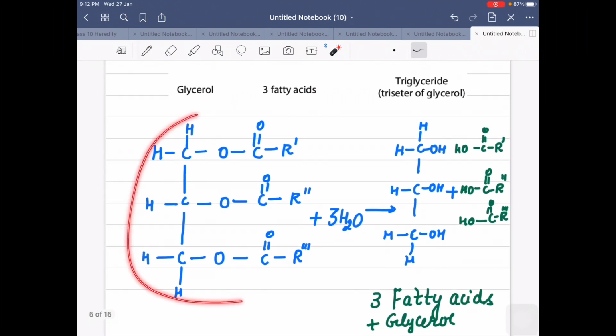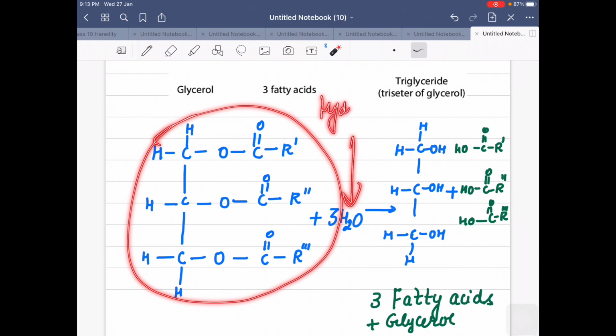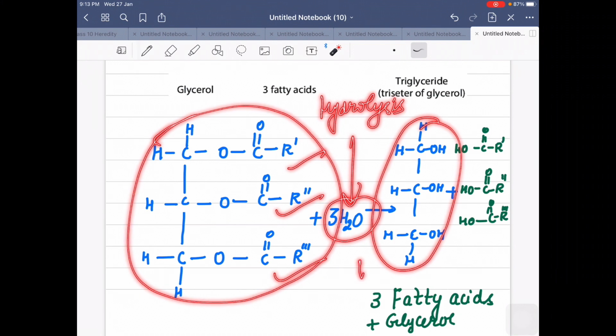Now I am hydrolyzing this triglyceride. For hydrolysis, what do I need? I need water. How many molecules of water? 1, 2, 3. So 3, and I will get my fatty acids.